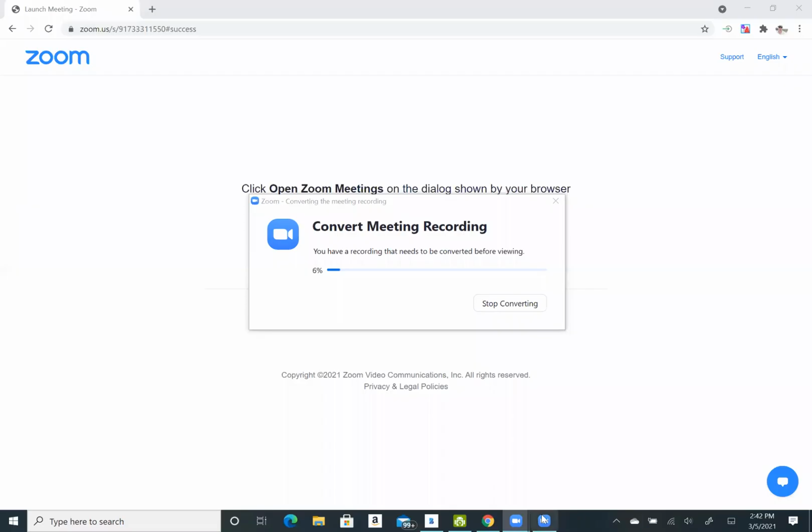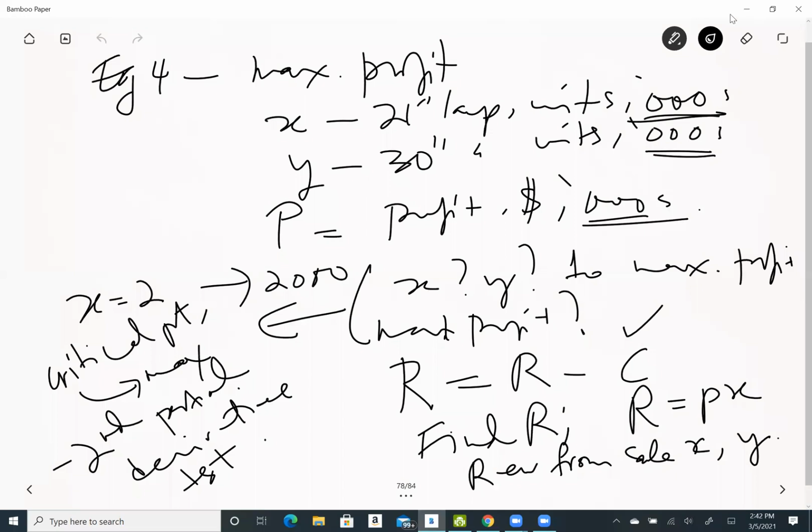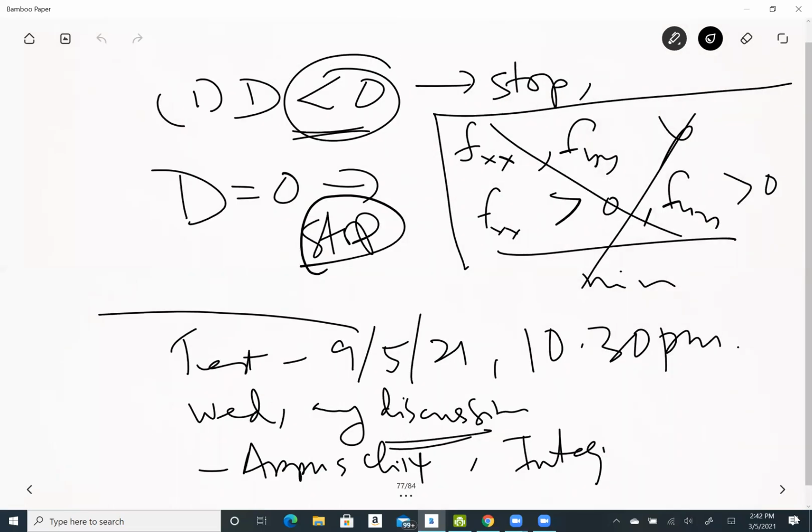Are you done? All right. Now we come back to the problem. You get the second partial. The second partial would be taking the second derivative of the profit function.